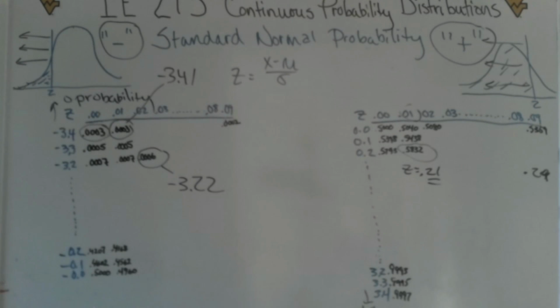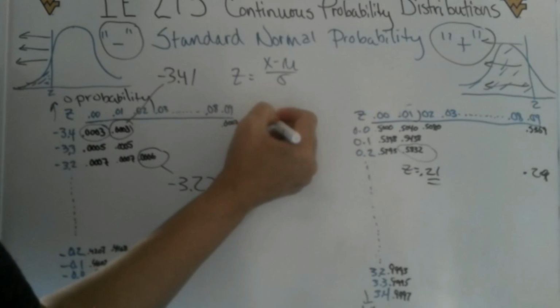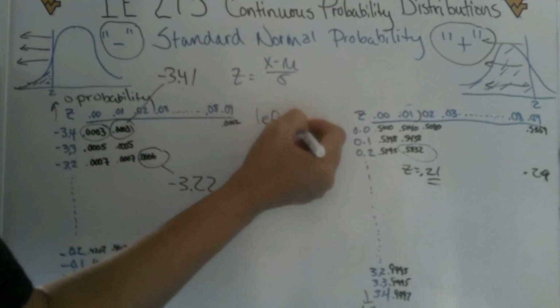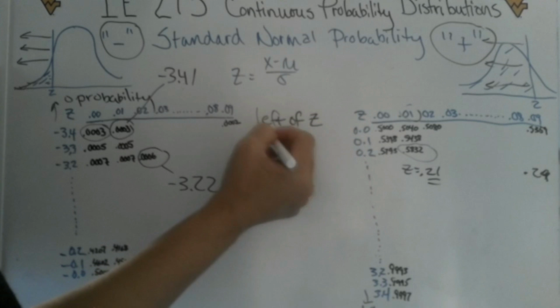Once you have your z-value, you can locate your probability to the left of the z. If you need to the right of the z, you take 1 minus. So to the left of the z is the probability.